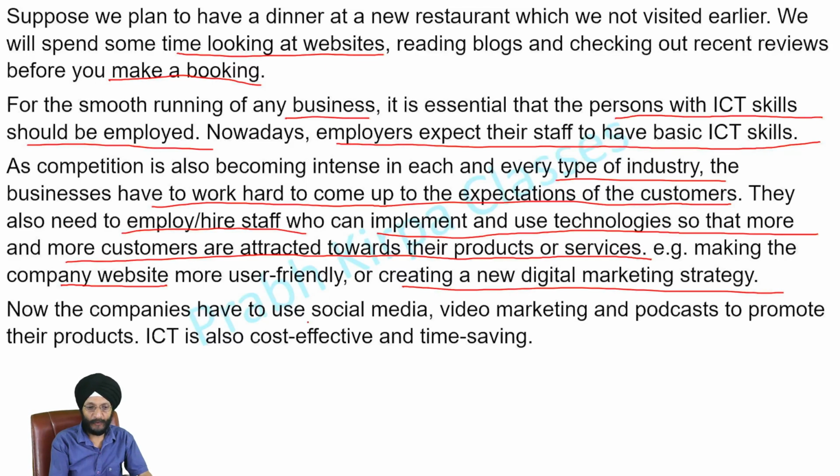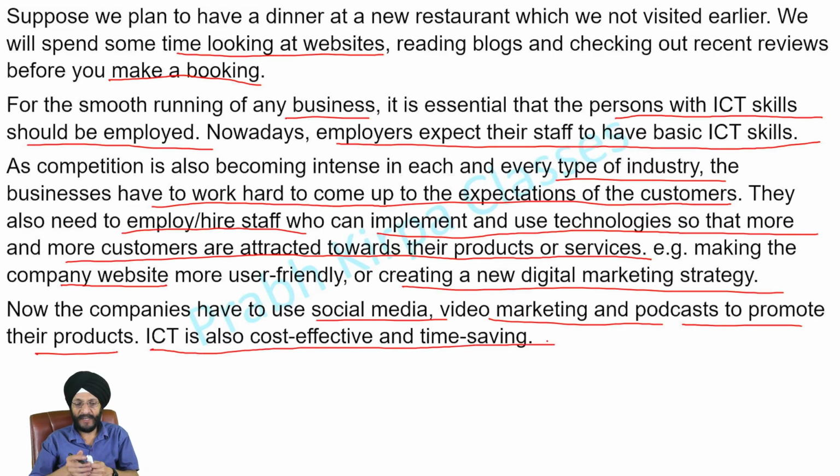Now the companies have to use social media, video marketing and podcasts to promote their products. Information and communication technology is cost effective and time saving.